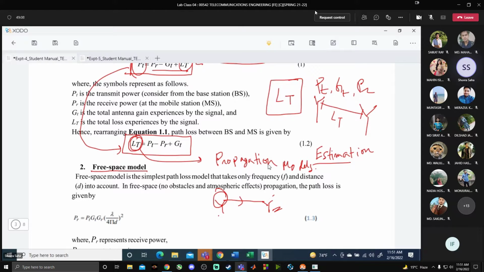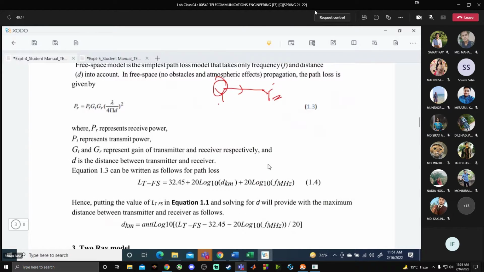So you first have to understand how the free space model is developed. Now, what is the free space model here? Very easy. If you look at the link, so this is your PT, transmitting power, and this is your PR, received power, and you have antenna gain, transmitting antenna gain GT, and you have receiving antenna gain GR.